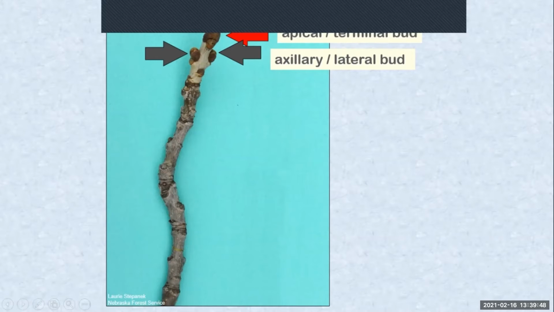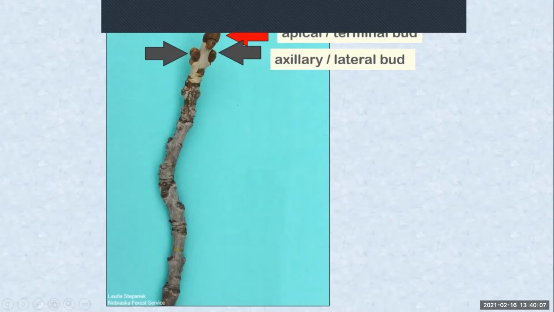Let's look at stems. So if we look at twigs, just looking at the parts of a twig, that terminal end bud is known as the terminal bud or the apical bud, that last bud at the end of the twig.